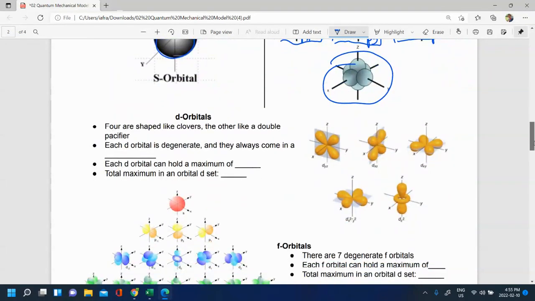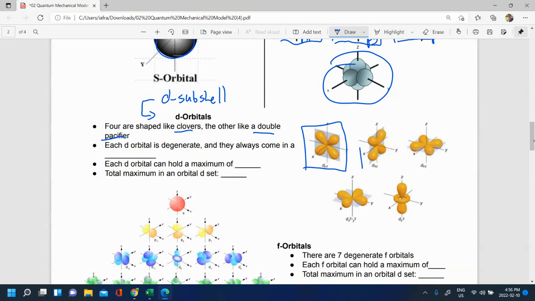The next shape to go over is the d subshell. So the d subshell is made up of several d orbitals. Because it's more complex, they're shaped like clovers or a double pacifier, we'll sometimes say, you have more possible orientations.